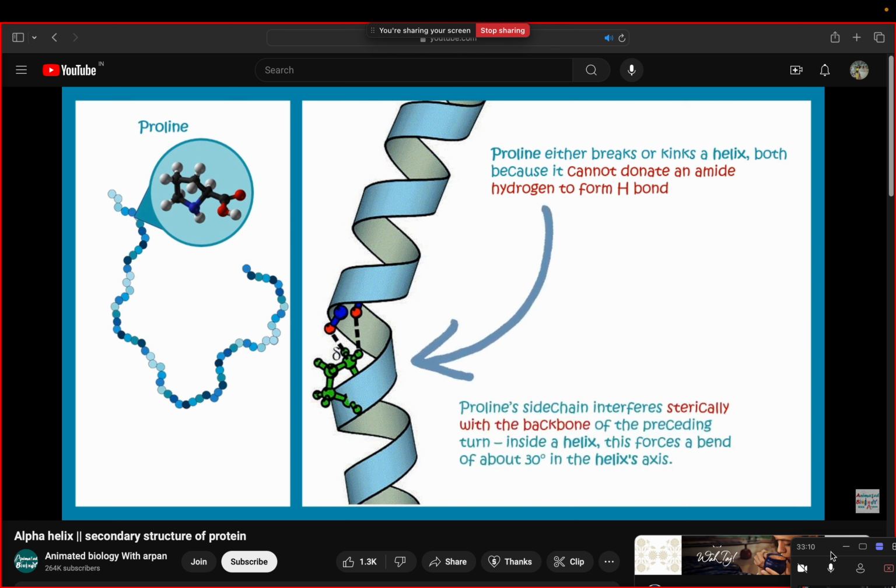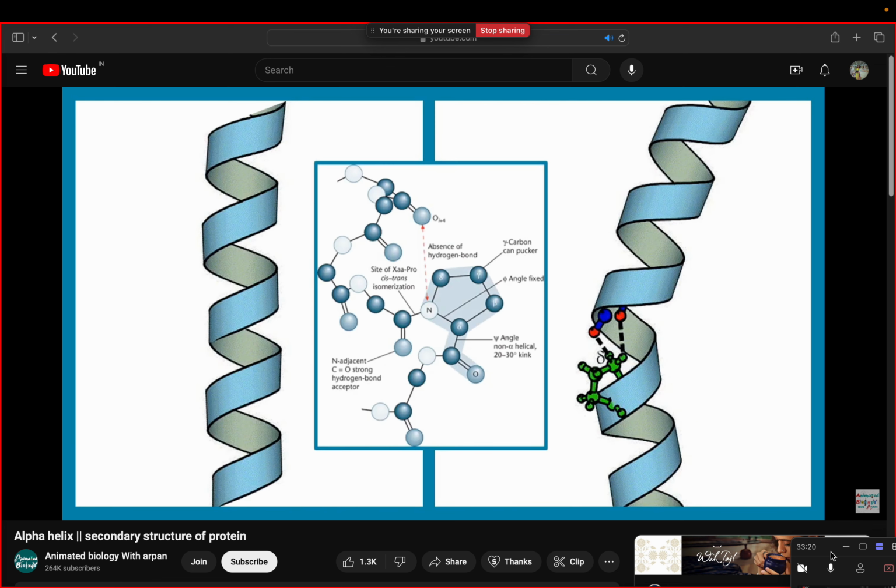And the proline side chain interferes sterically with the backbone, and that is why it leads to a tilt of 30° relative to the helix axis. So obviously we can understand, if we have a proline residue in the secondary structure, it would be destabilizing the helix. That is why proline is known as a helix breaker.